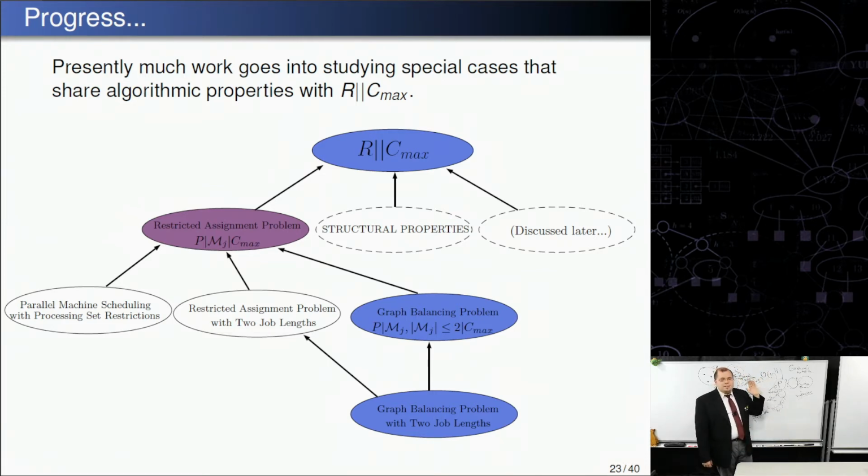A lot of the time people have been looking at this from a special case study. What we would like to know is what intrinsic properties of unrelated parallel machine scheduling problems make Cmax much harder to approximate. A lot of theoreticians, like myself, believe it's mostly the heterogeneous nature of the jobs.